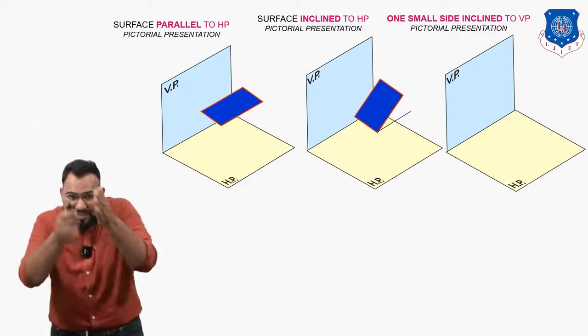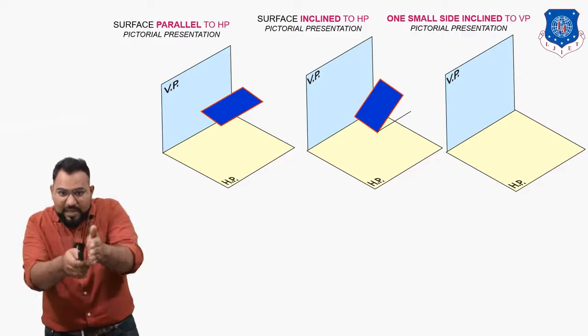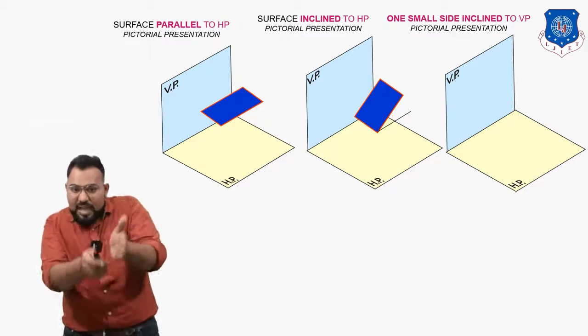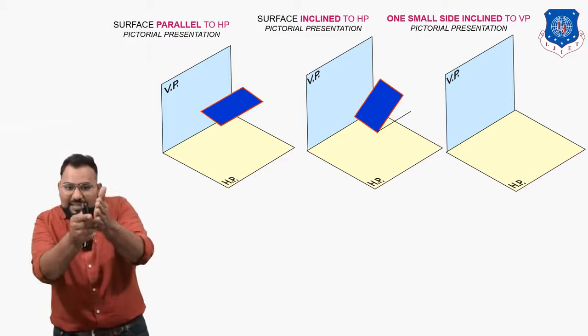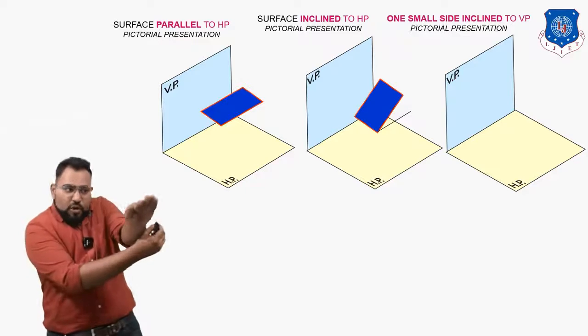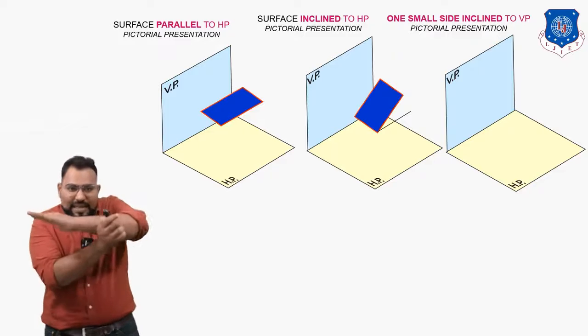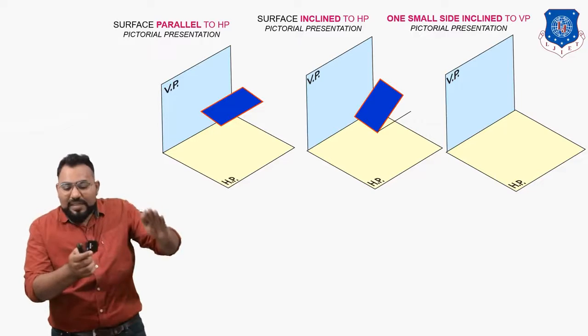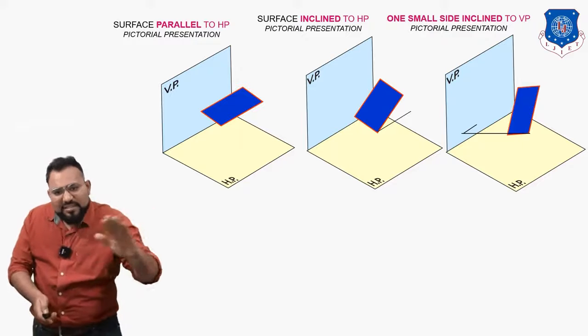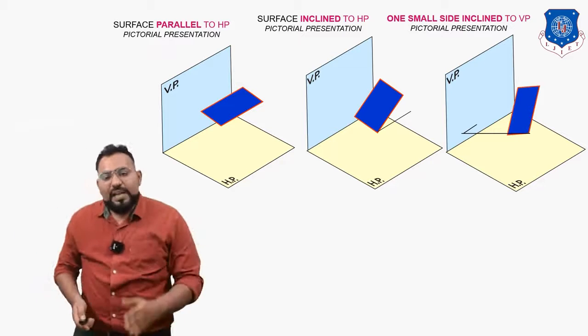See the second pictorial presentation: it has some inclination with HP. In the third pictorial presentation, I am going to put this second figure into the third figure, but the only change is that I rotate it a little bit, so that it makes an angle with VP. You can see on your figure, I have rotated it just a little bit so that it makes inclination with VP.